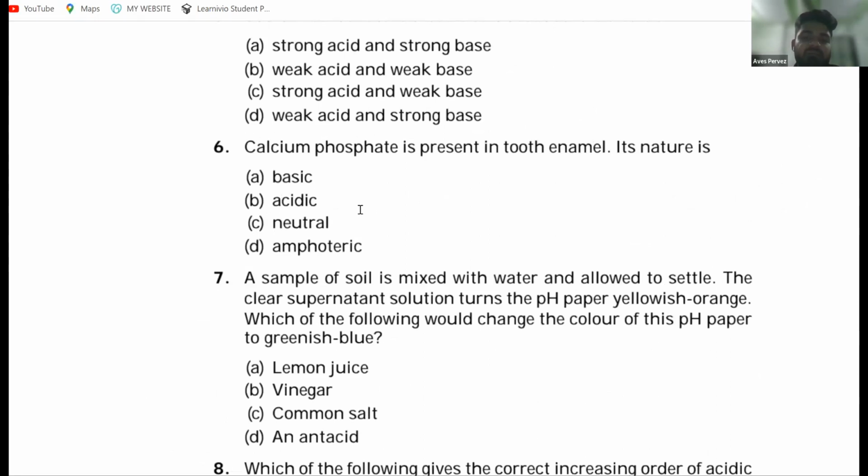Calcium phosphate present in tooth enamel is basic in nature. Noted. So let's move to today's topic.